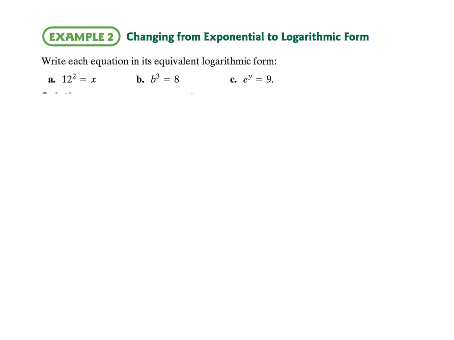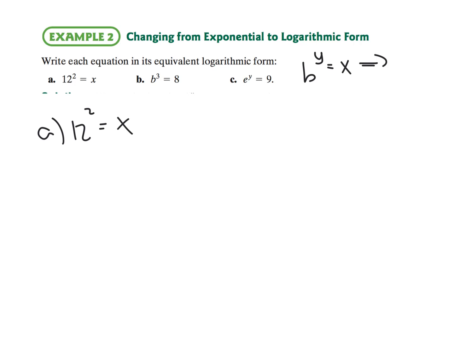Alright, so for example 2, we're going to take things in exponential form and turn them into logarithmic form. If we look at part A, I have 12 squared equal to x. Remember that here the base raised to the y power is equal to x.